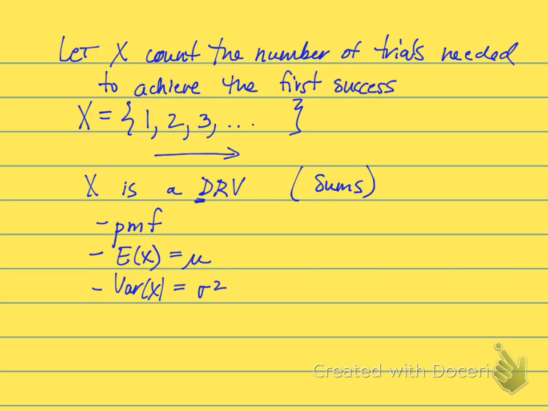All right? So we're going to construct this like we did before. So remember, x can take on the value 1, 2, and up forever. So what does it mean for x to be equal to 1? Well, that means that you get a success on the first trial. And the probability of success, so the probability x equals 1, is exactly p.